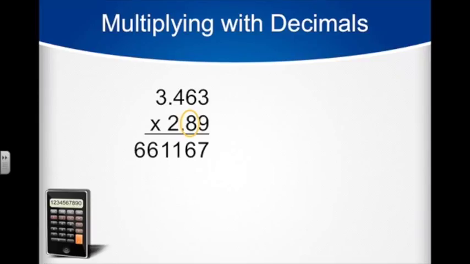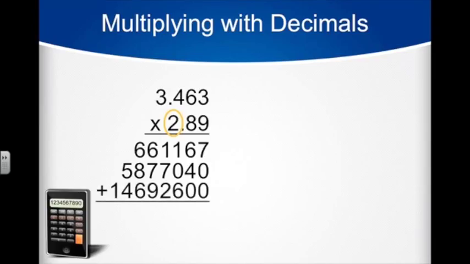Since the 8 is in the second column, we will put a 0 in the first column as a placeholder, then do the multiplication to get 277040. Finally, we multiply 3463 by 2, putting zeros as placeholders in the first two columns, then do the multiplication to get 6926 with the 2 zeros as placeholders at the end.